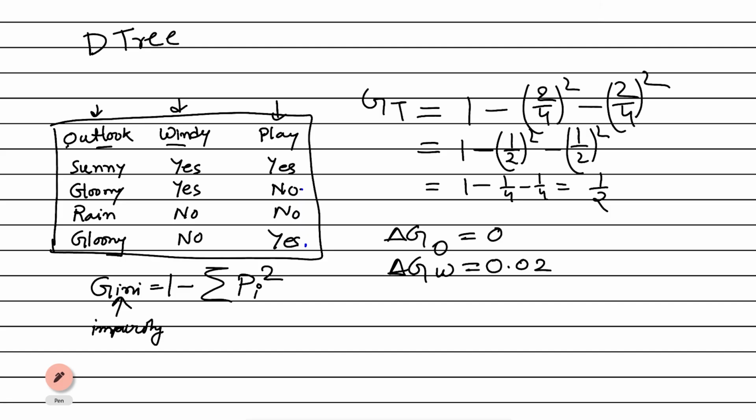So I can consider this delta GW as the criteria to split the node. In that case, what will happen? First I will consider Windy, then I will split it either yes or no. Then again under this I can consider, let's say, Outlook.